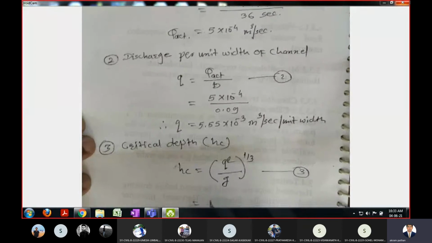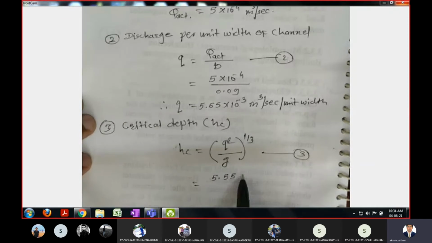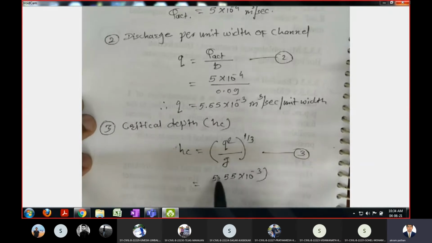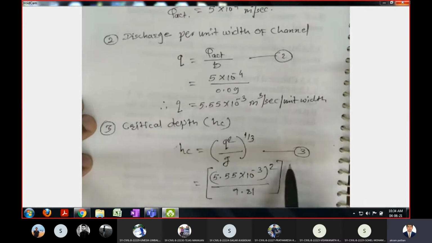So we have 5.55 into 10 raised to power minus 3 square divided by 9.81, bracket close raised to 1/3.